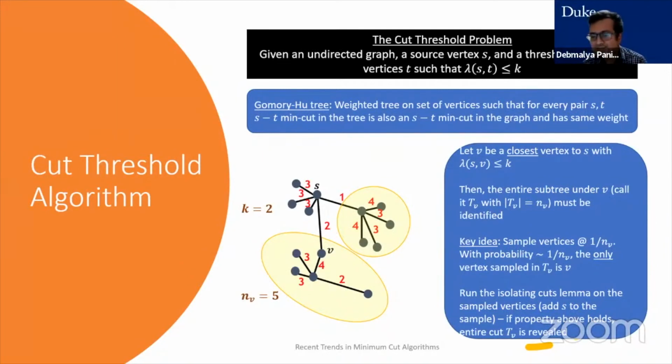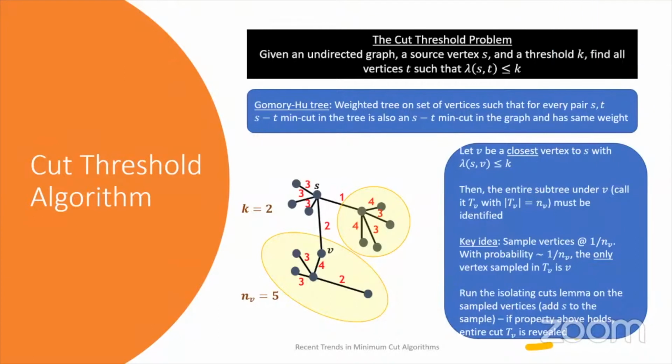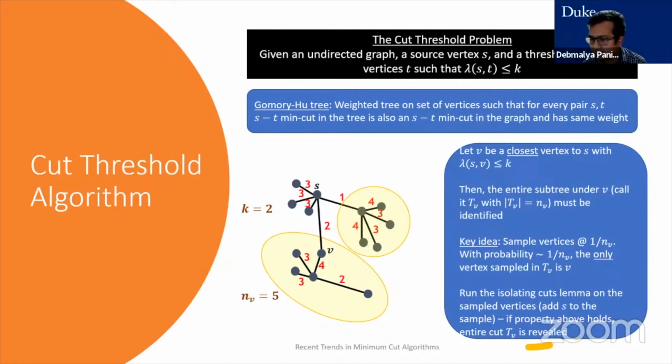Now, if I get such a sample that hits V and nothing else in this subtree T sub V, what I can do is run the isolating cuts lemma on this sample, and let's say I add S to the sample. Now you run the isolating cuts lemma.